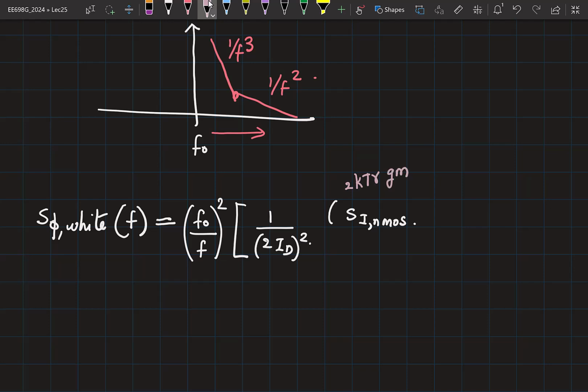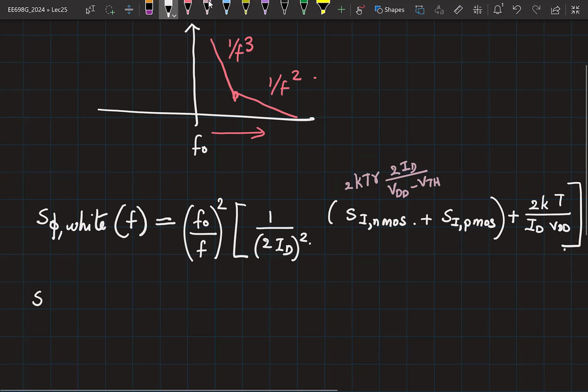And I can replace this gm as 2ID by (VGS minus VTH). What is the value of VGS? Just VDD, it was solved for VGS equal to VDD. The VDS value was equal to VDD by 2. This plus S_I PMOS, plus 2 kT by ID into VDD.